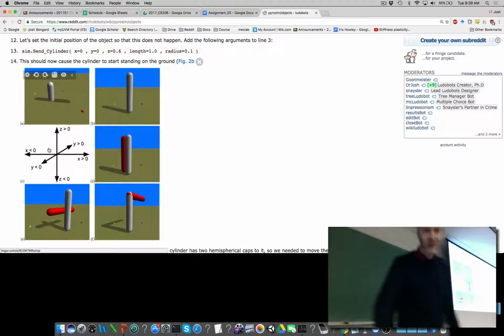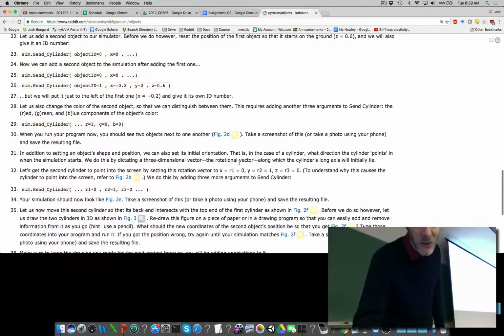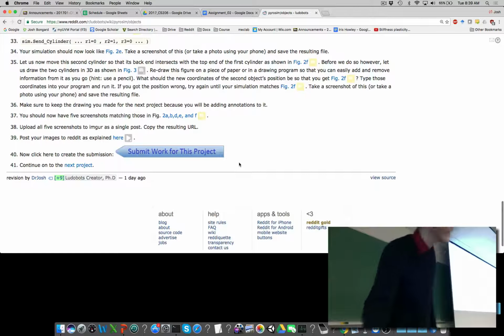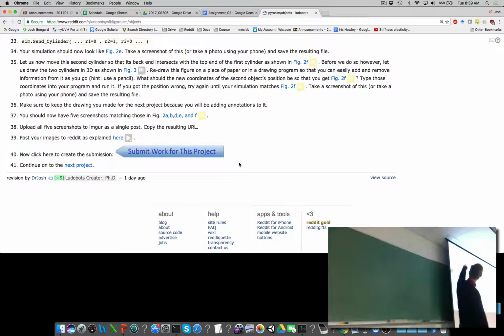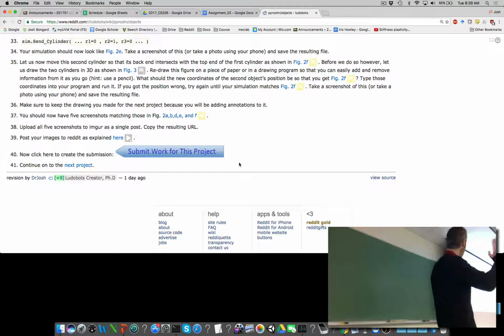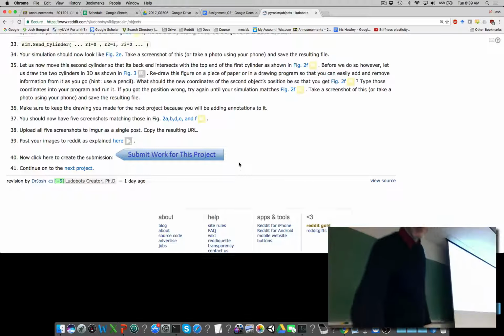So I'm going to skip back and forth here to the actual coordinates. So you can see here at step 33, you're setting R1, which is the first rotational axis, which is really x. Maybe we should rename these x, y, and z. R1 is 0, R2 is 1, and R3 is 0.